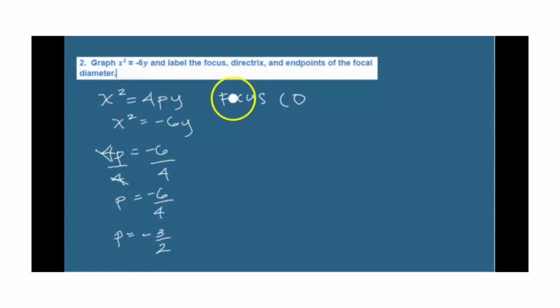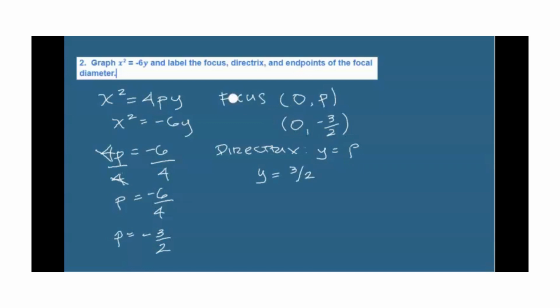So our focus will be at (0, p), or (0, negative 3/2). And our directrix would be at y equals negative p. So the equation would be y is equal to positive 3/2, the opposite of p.